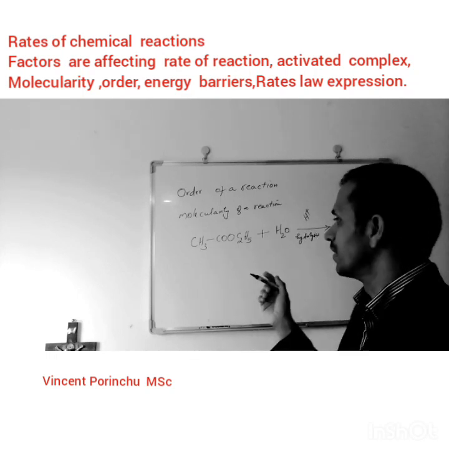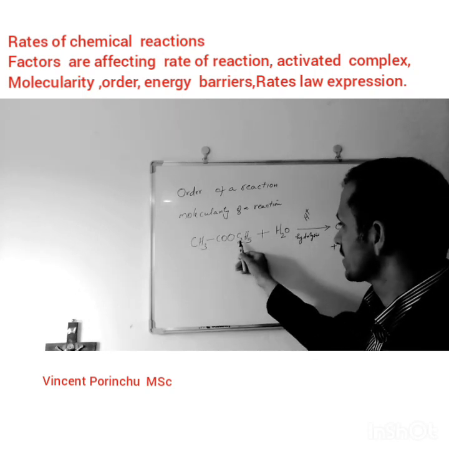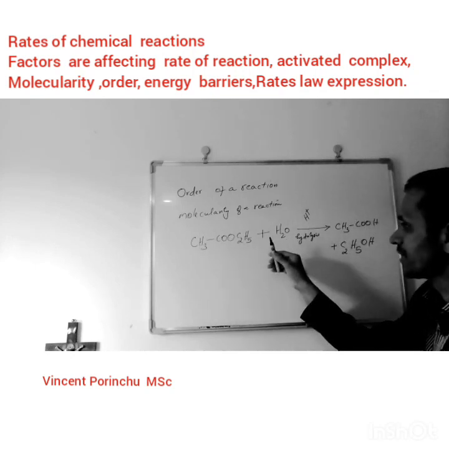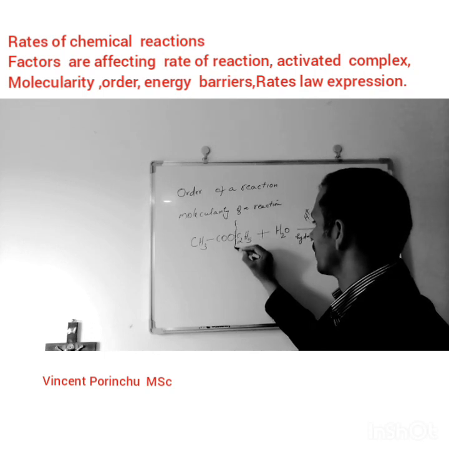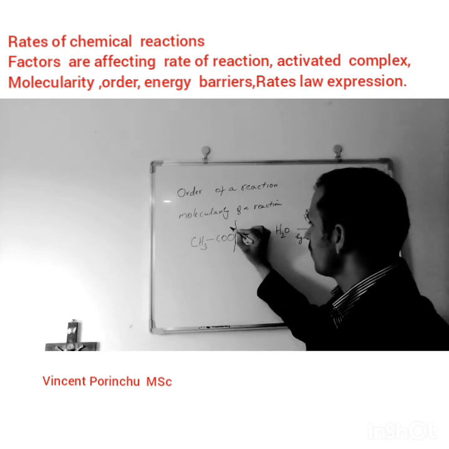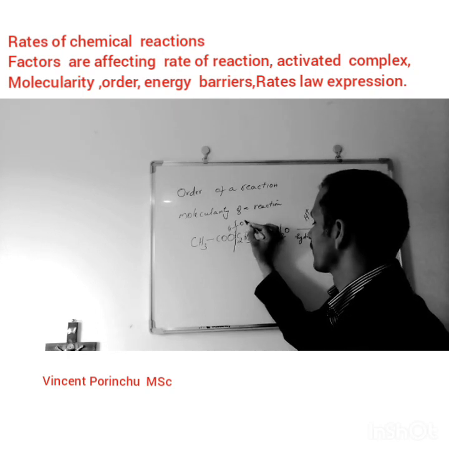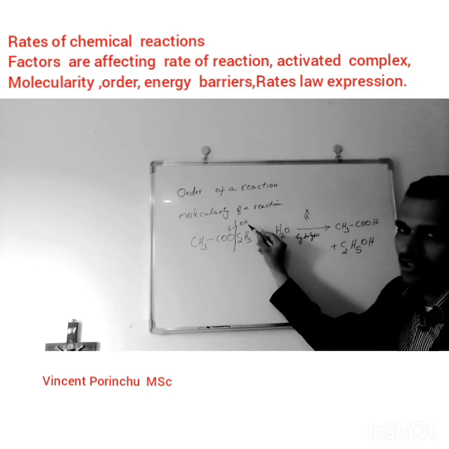In this example, if you see the hydrolysis of ethyl acetate, this is ethyl acetate. During the hydrolysis, there is a breakage of a bond here. Water we can write like this, HOH, a hydrogen part and an OH part.